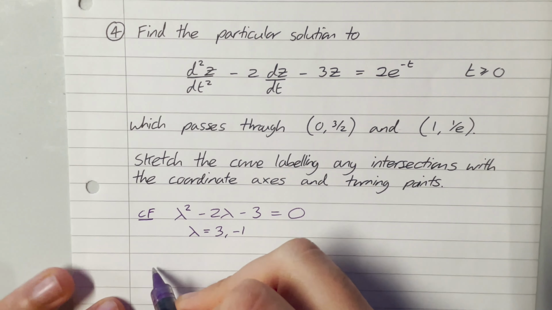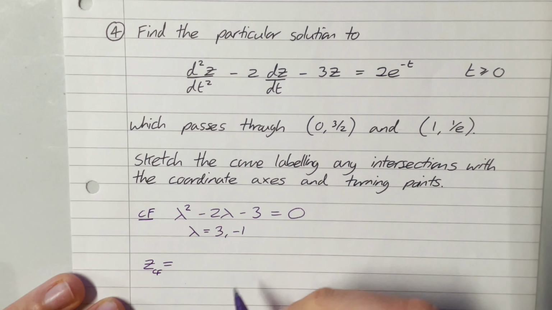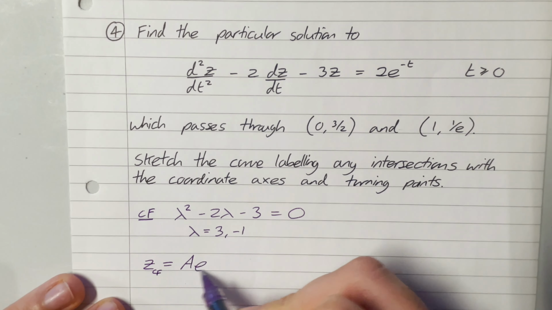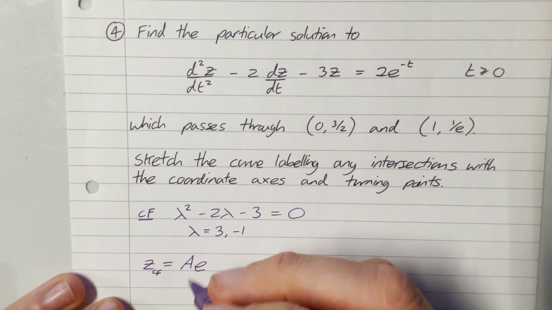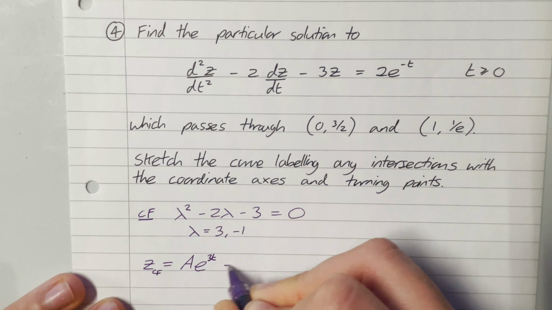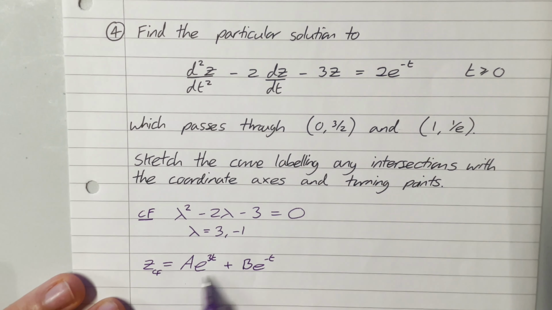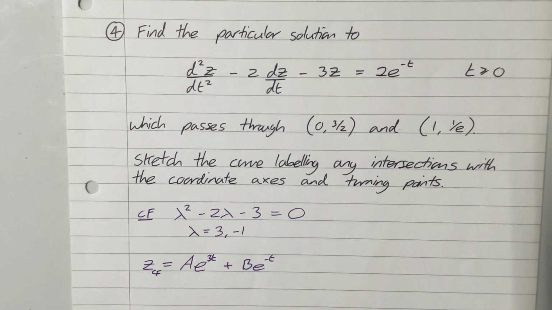That means my complementary function is z CF equals A e to the 3t plus B e to the minus t. Okay, so that's me plugging in these two lambda values into that kind of general solution form for two distinct real roots.